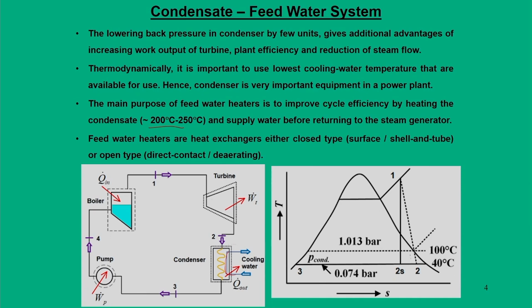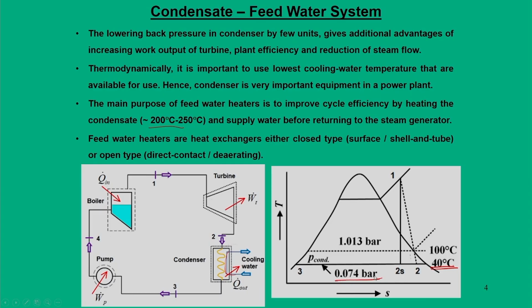But our main target, a very basic point, is that we have to look into the steam condenser unit, which should operate much below atmospheric pressure. For example, at 40 degrees centigrade, which is a normal temperature, the saturation pressure, which we call the condenser pressure, is typically 0.074 bar.